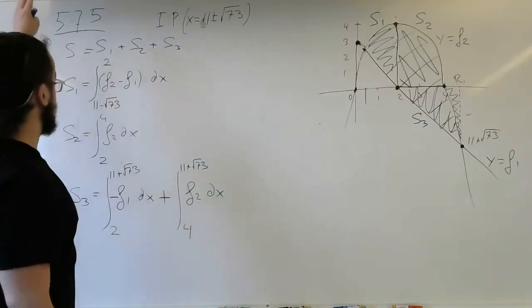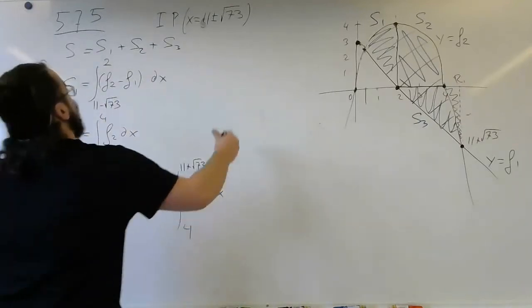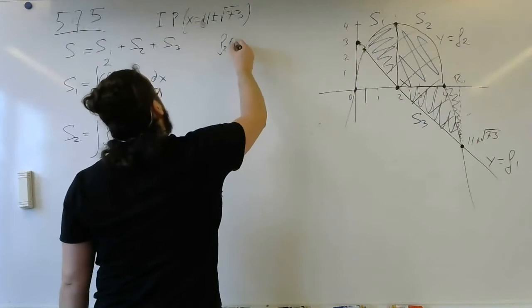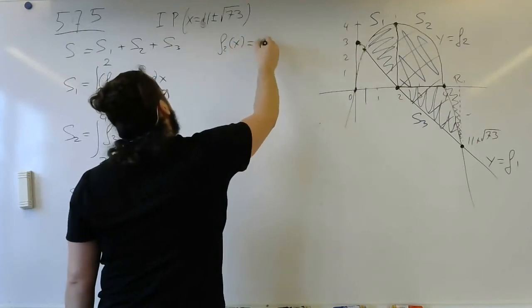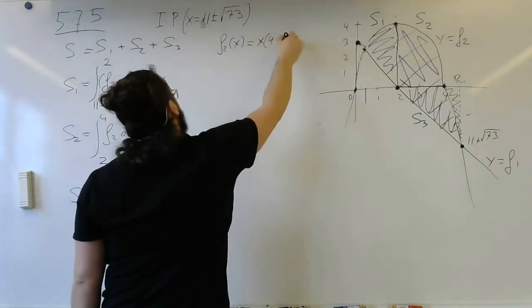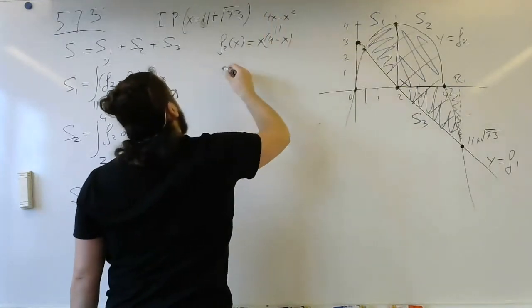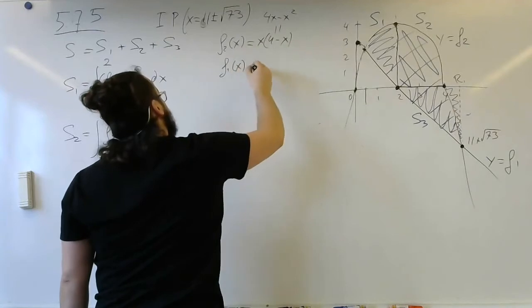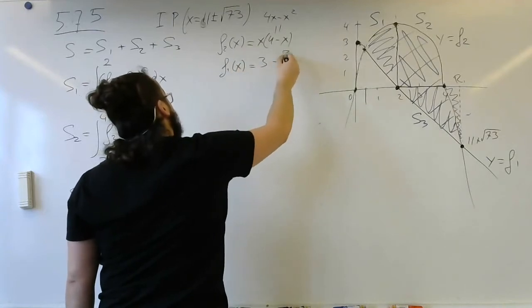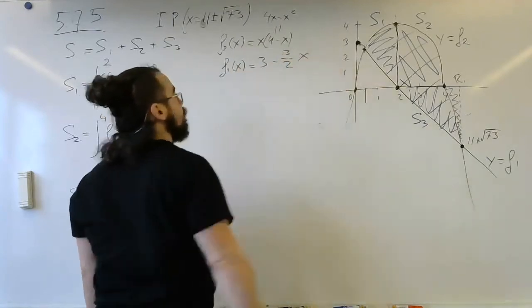So now we have to compute all this when f2 of x is x times 4 minus x, and f1 of x is 3 minus 3/2 of x.